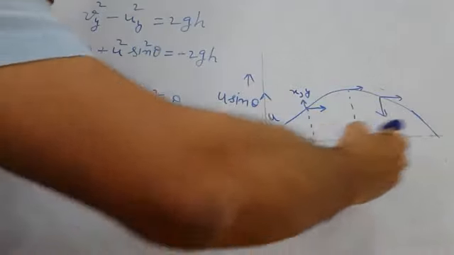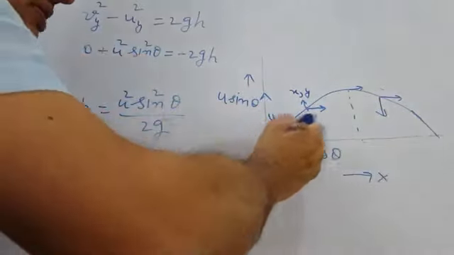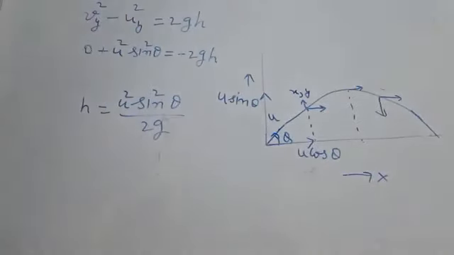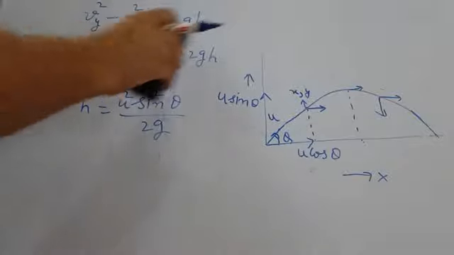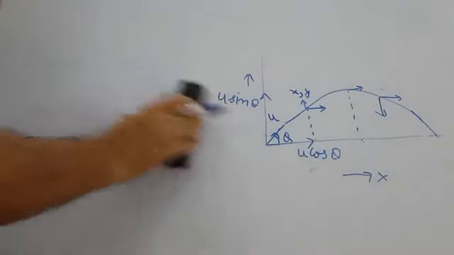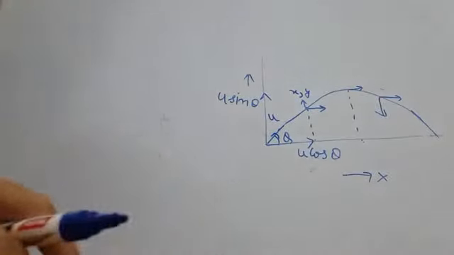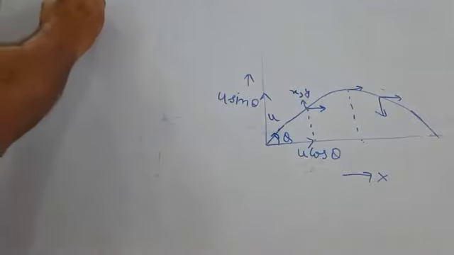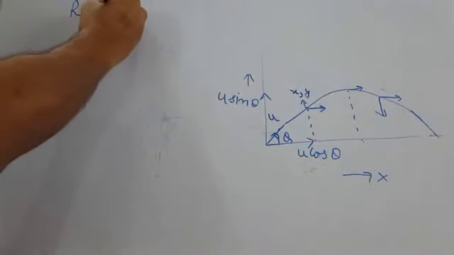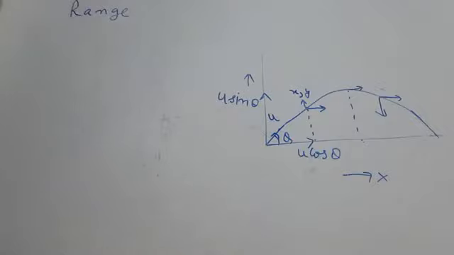Now we will find out the horizontal distance from this point to this point. That is called range. So now we will calculate the range of the projectile. Now how to calculate range?